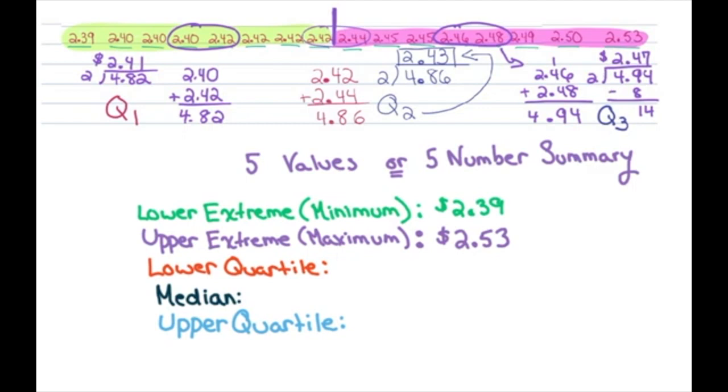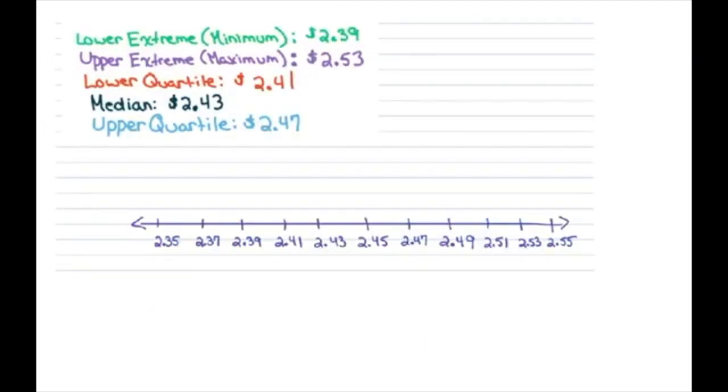Q1 is going to be $2.41. Q2, my middle value, is going to be $2.43, and Q3 is going to be $2.47. And once I have all of these values, I am now ready to make my box plot.